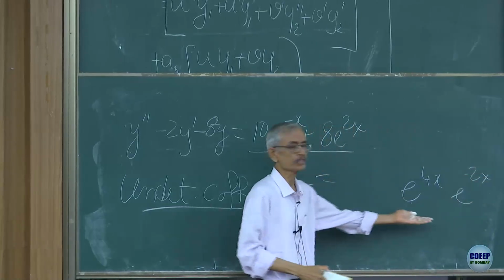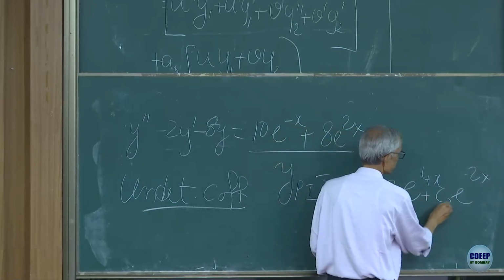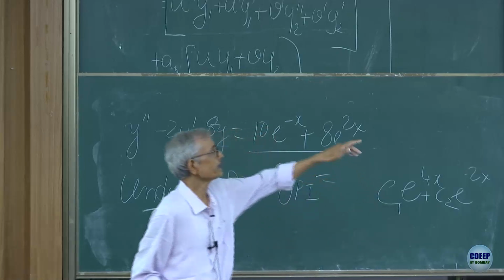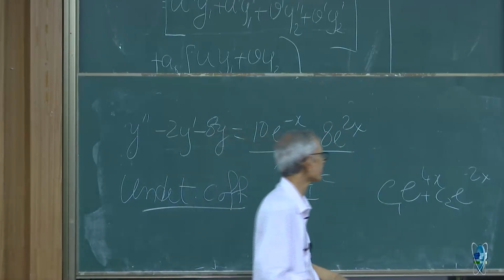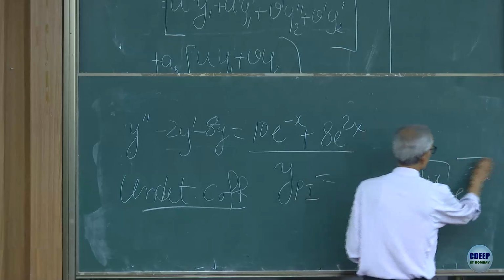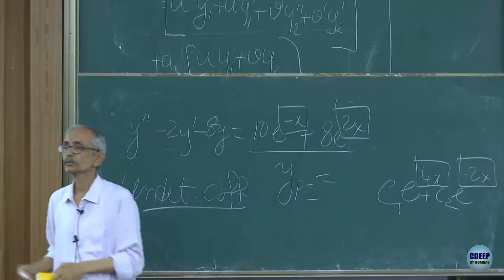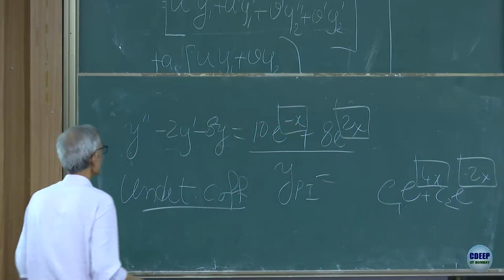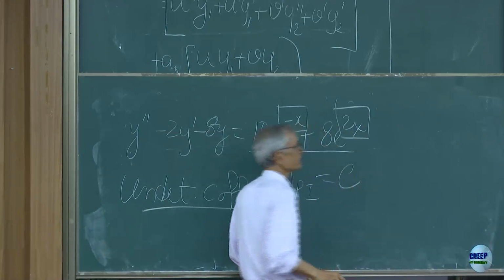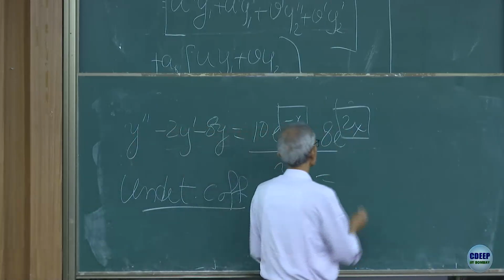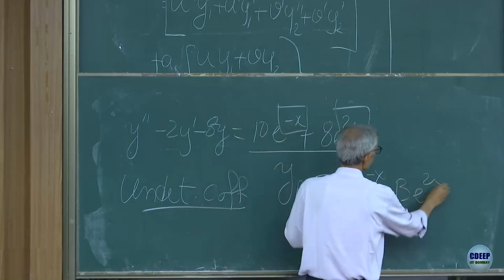So this was my homogeneous solution: c1 e to the minus 2x plus c2 e to the 4x. So that was the solution to the homogeneous part. And these exponents are not the same as the ones on the right hand side, right? So you attempt the solution and say that my particular integral is going to be equal to some undetermined coefficient a e to the minus x plus b e to the 2x.